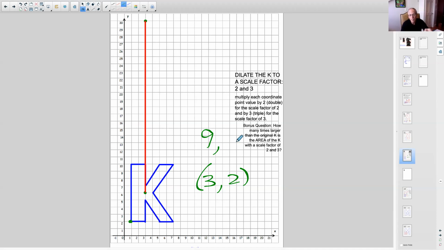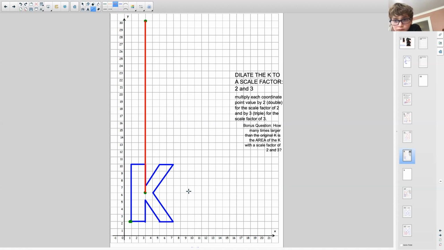Go. Everybody find point 9, 6. Here's 9, 6.